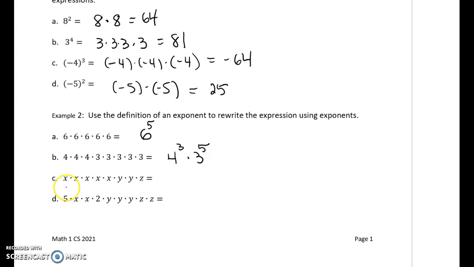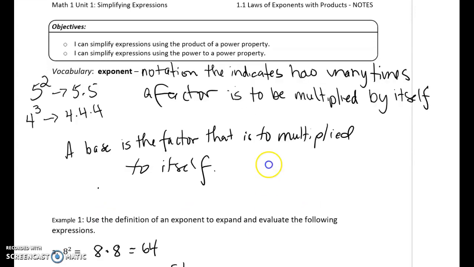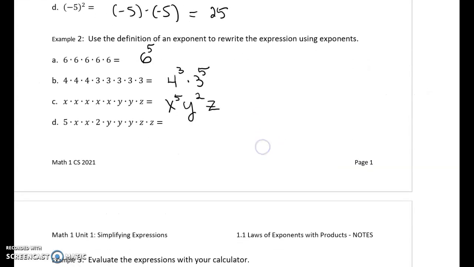In C, I have 5 x's being multiplied times itself, 2 y's being multiplied times itself, and just 1 z. Here we have 5 and 2. Rather than keep those two separated, I'm going to multiply those together. So 5 times 2 is going to give us 10.